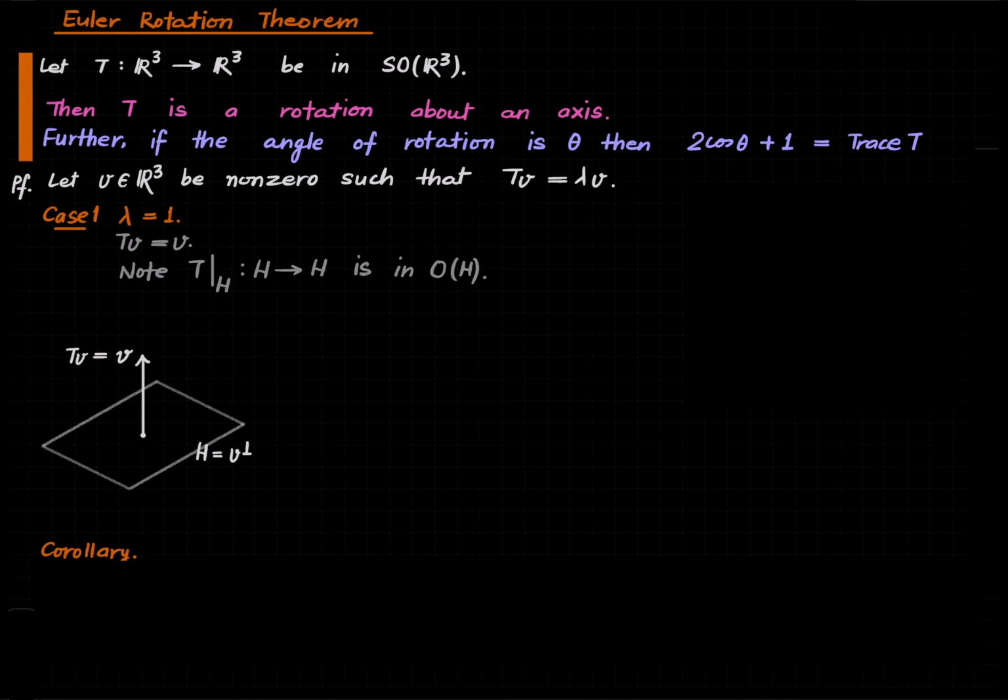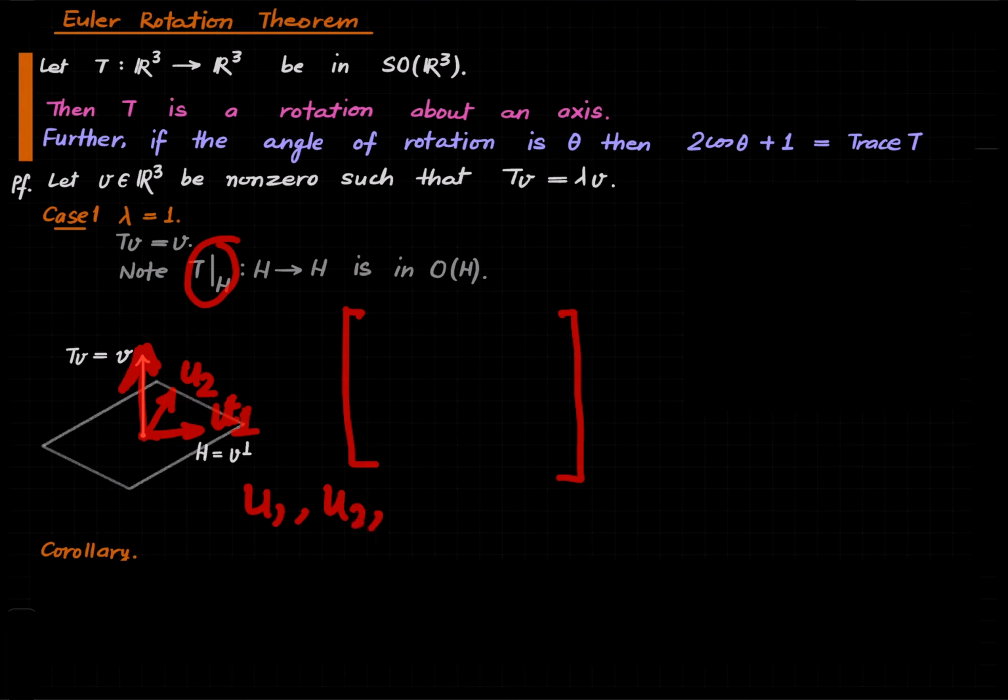To see that, fix any orthonormal basis of H, call it U1, U2, and append V to get a basis of R3. It is convenient to think of V as a unit vector, although that will not change anything. Now, what does the matrix of T look like with respect to this ordered basis U1, U2, V?